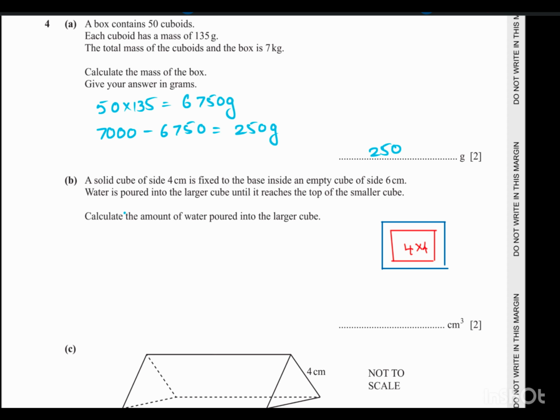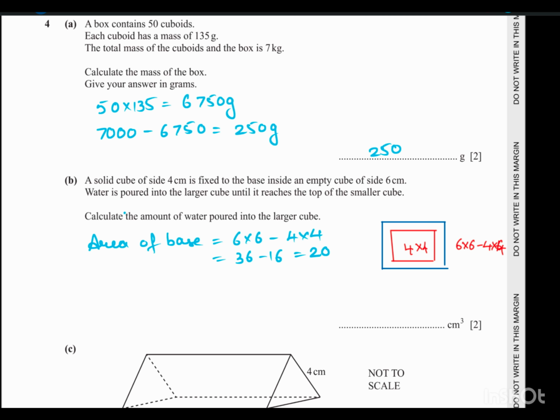So area of the base where water is filled is equal to 6 into 6 minus 4 into 4. So that is 36 minus 16, which is 20. This is the area. Now we need to find the volume.